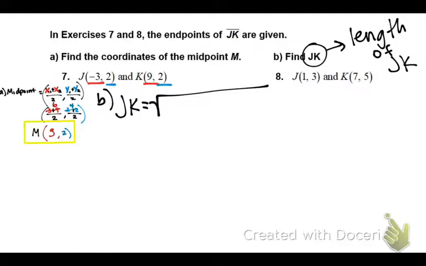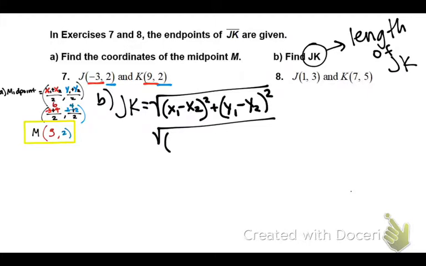So we are going to find the distance between the 2 points: the square root of x1 minus x2 squared plus y1 minus y2 squared. Every time I use this formula, I write the formula and then I write it with the blanks just so I can plug right in.